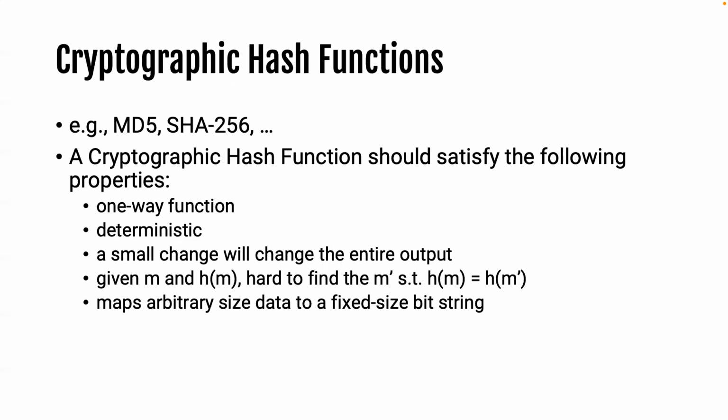For example, it should be a one-way function, meaning that given the output, it's hard to reverse it and find the input. Given a binary, if you have the MD5 of this binary, you cannot recover the entire binary from this MD5 number. Second, it is deterministic, meaning that every time you run MD5 or SHA-256, as long as the input is constant, the output is always constant.